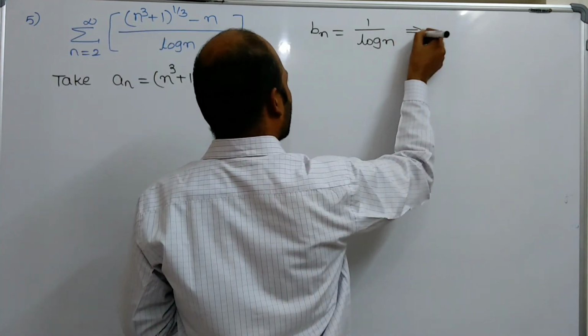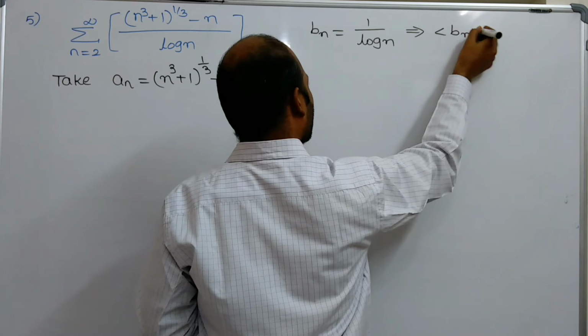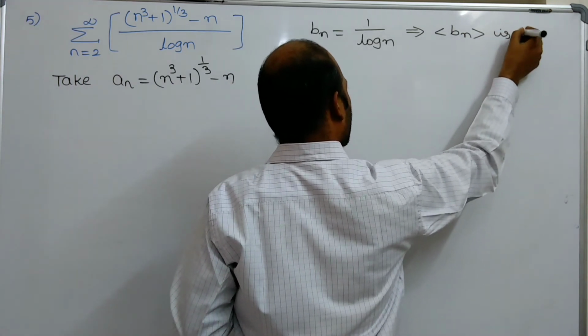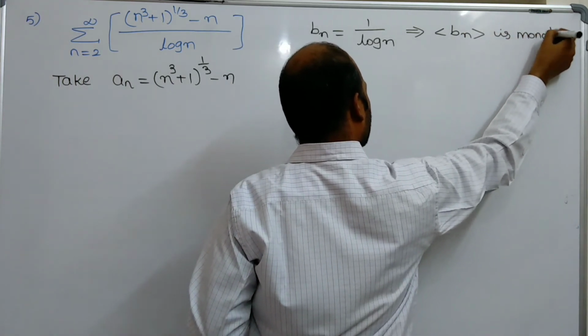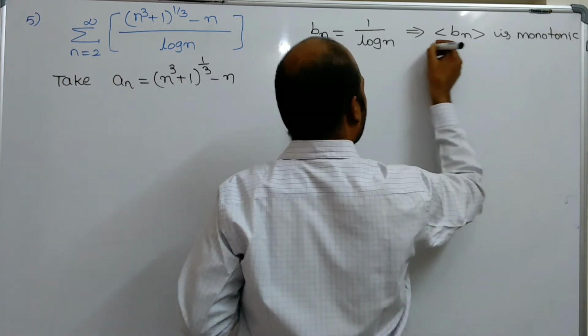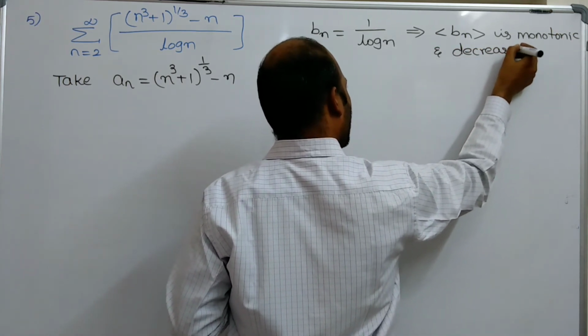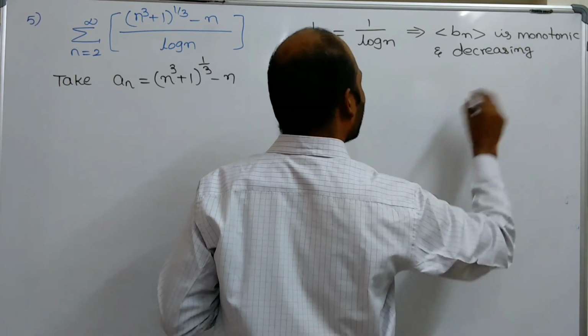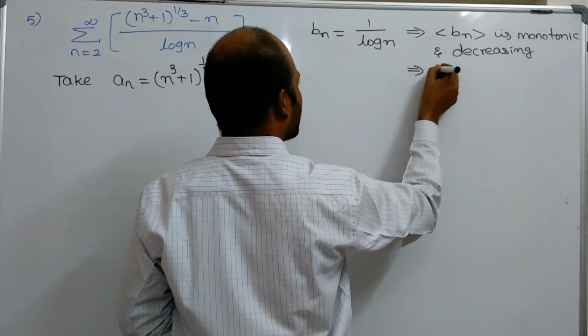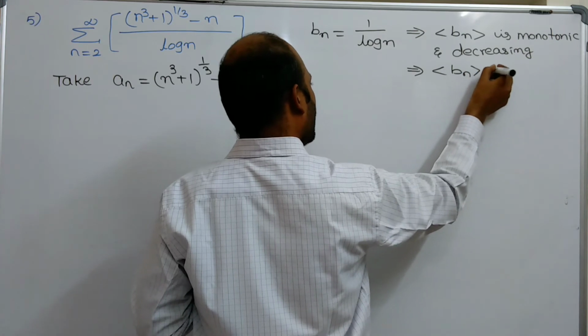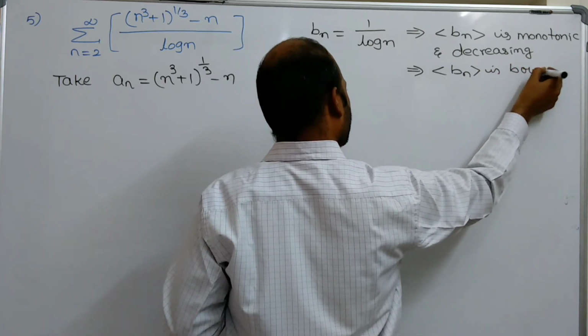You observe that this sequence Bn is very clearly monotonic and decreasing. Monotonically decreasing.